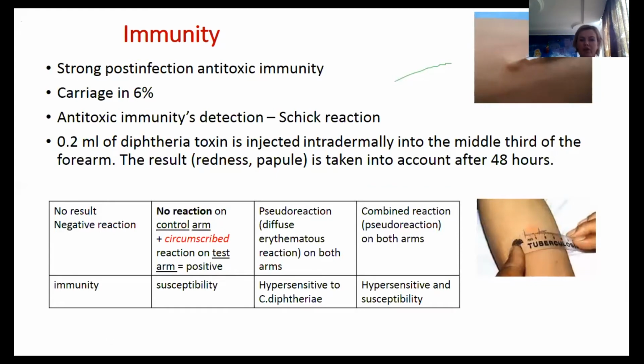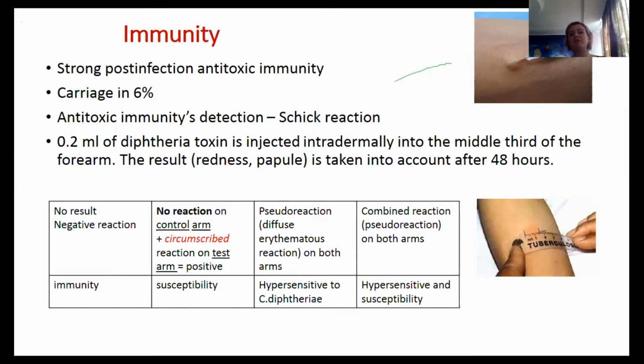You have 4 variants of results. First, if there is no reaction, we interpret it as a negative reaction, which means immunity is present. We have two arms: the test arm where you injected, and the control arm. If there is no reaction on the control arm and a circumscribed reaction on the test arm, you interpret it as a susceptibility test.